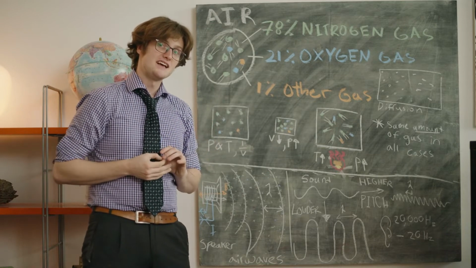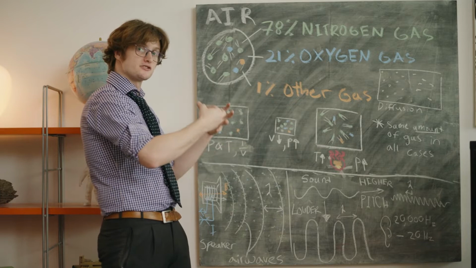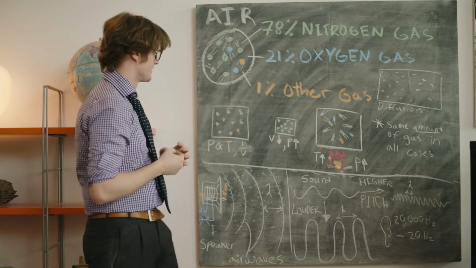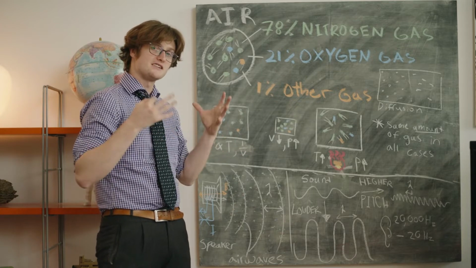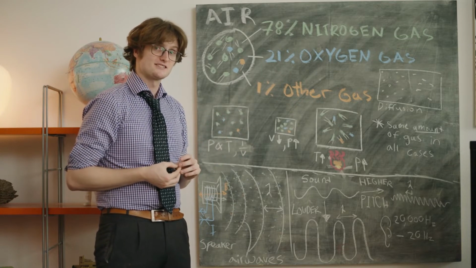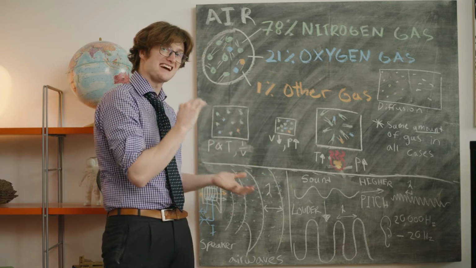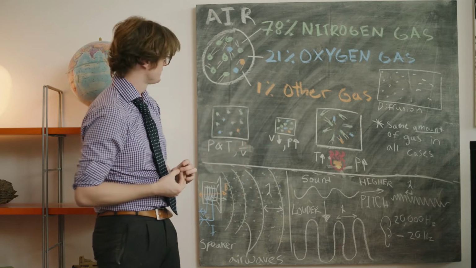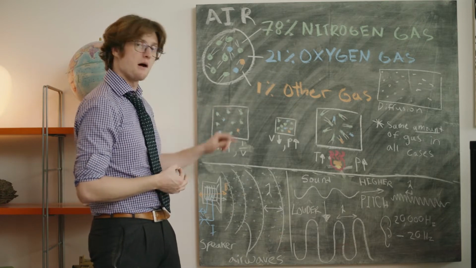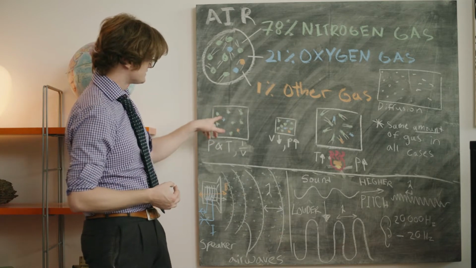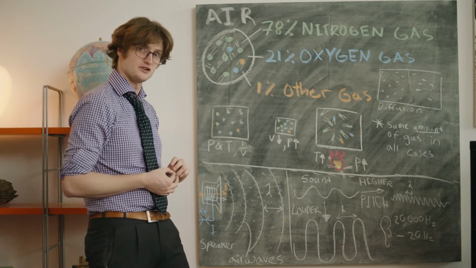Now, gas can be compressed and it exerts some sort of pressure, okay? There are two things that we can do to affect the pressure of a gas. One is that we can shrink the size of the container that the gas is in. Here I've got a little box and there are 10 molecules in this box, 7 nitrogen and 2 oxygen, one extra.